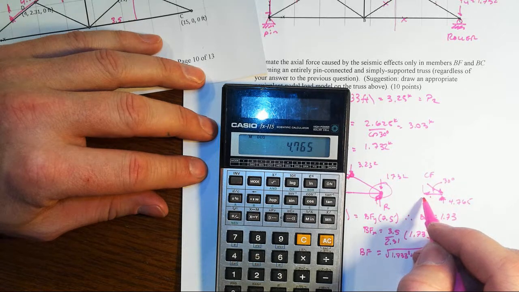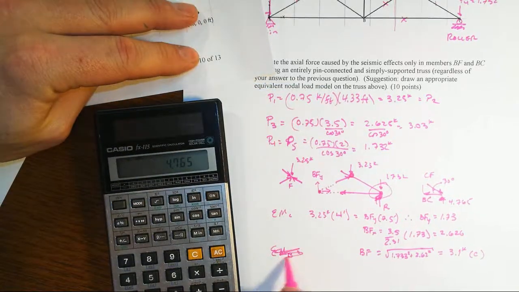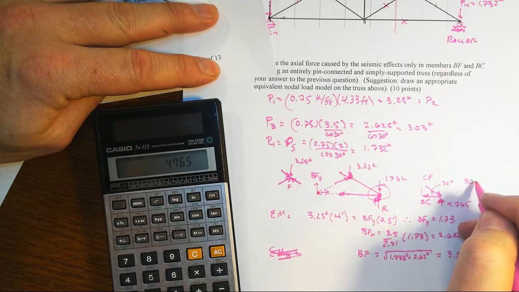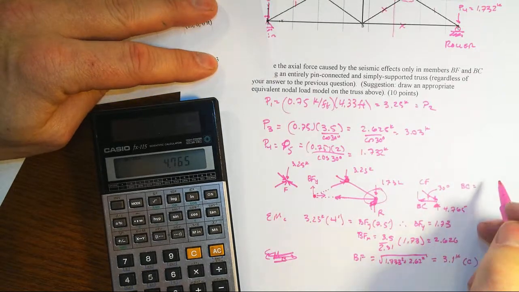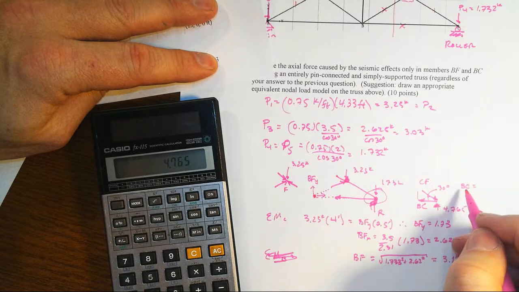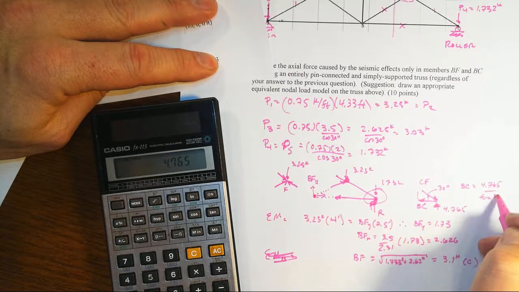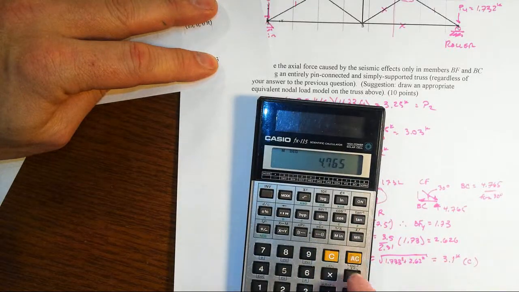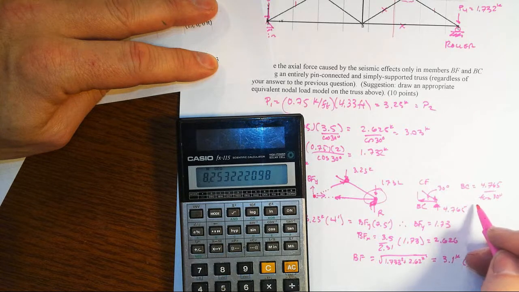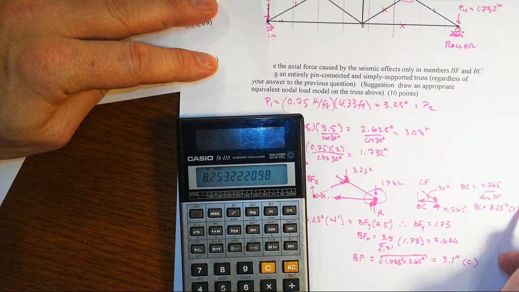This is the one we want. So this is BC. And so now BC is going to be equal to, see, opposite over this is equal to tangent, so we want that. It'll be then 4.765 divided by tangent of 30 degrees. And that makes BC equal to 8.25 kips in tension.